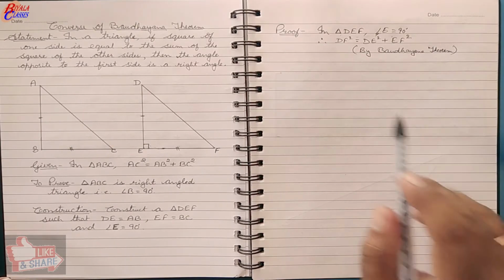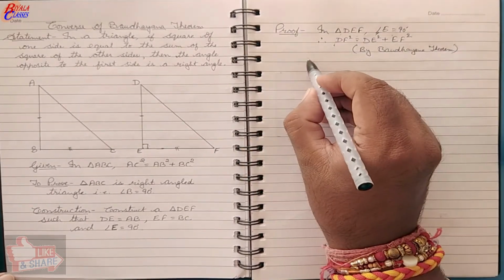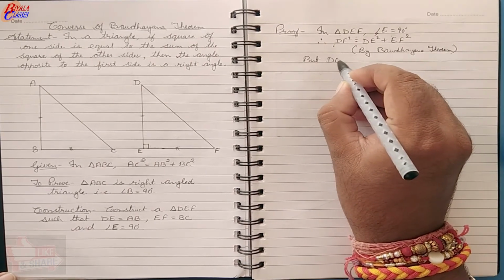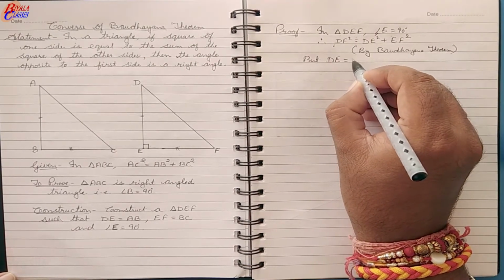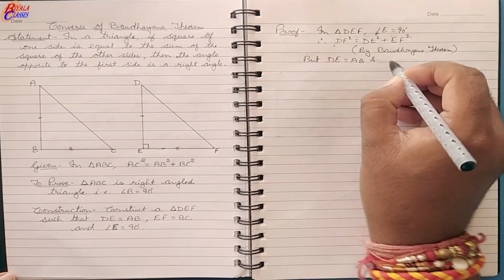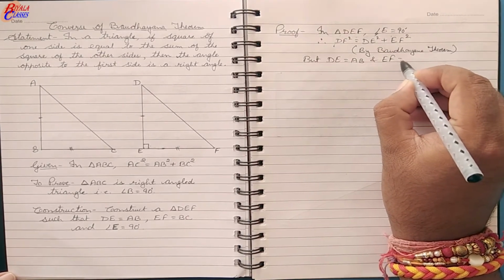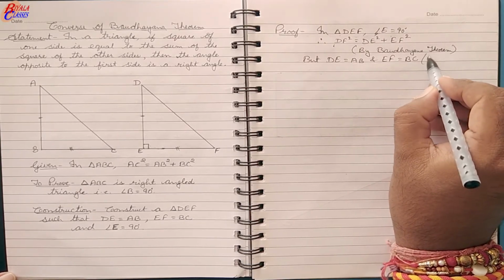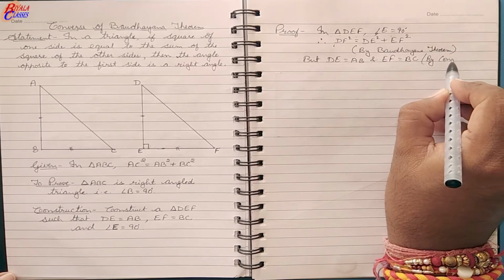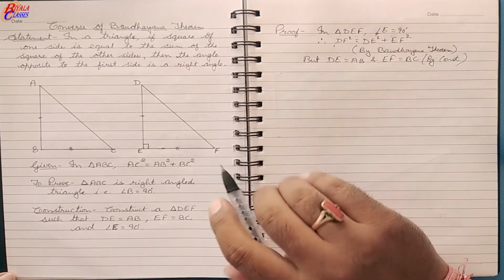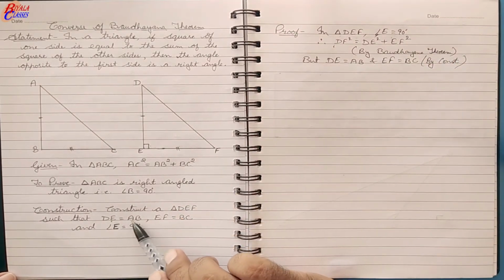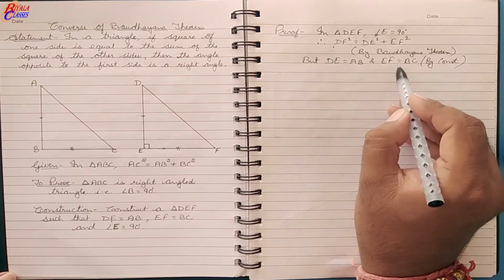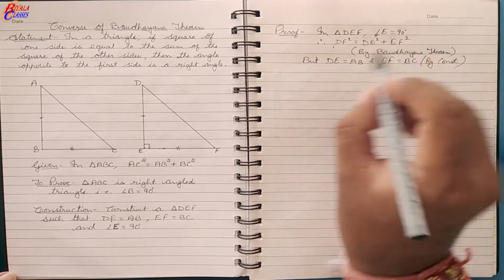Now we also have, by construction, DE is equal to AB and EF is equal to BC. We have constructed this, that DE and AB are equal, EF and BC are equal. So substitute these values in the first equation.